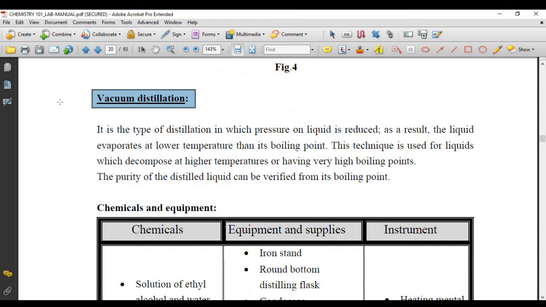So when we decrease the external pressure, their boiling point also decreases. So what happens? We can easily separate that mixture at a low boiling point. So here it is written, this technique is used for liquids which decompose at higher temperature or have a very high boiling point. Okay, so vacuum distillation is used to lower the boiling point.